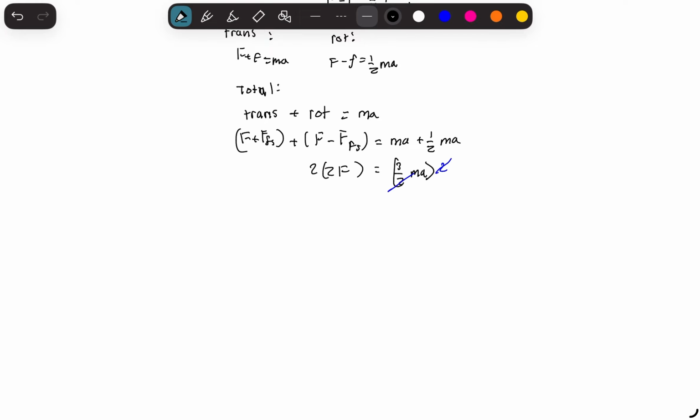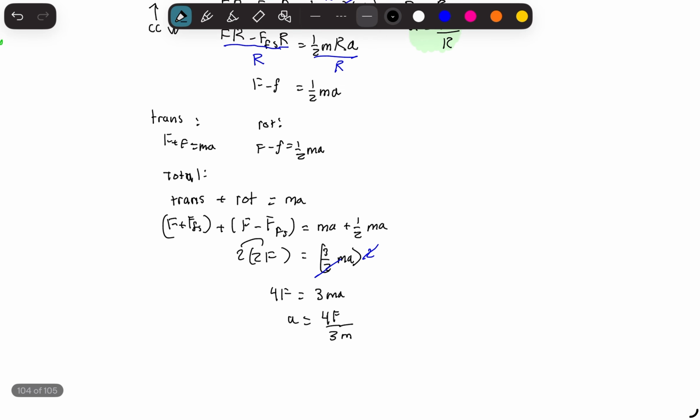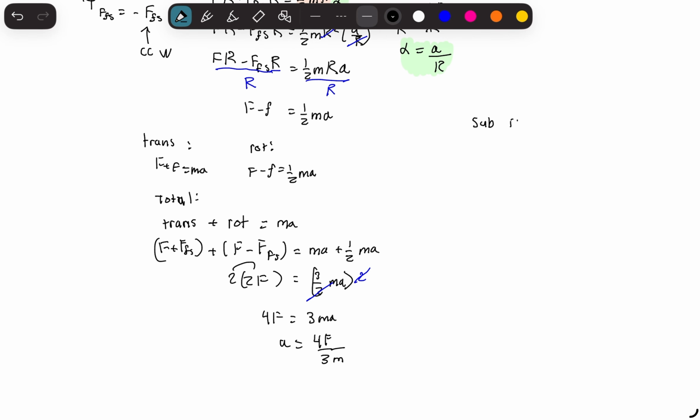In doing so, you get 4F is equal to 3ma. So a is equal to 4F over 3m. Now you can just sub in. F is equal to 6.0 newtons, m is equal to 3.0 kilograms, so a is equal to 4 times 6.0 over 3 times 3.0. That's equal to 2.67 meters per second squared.